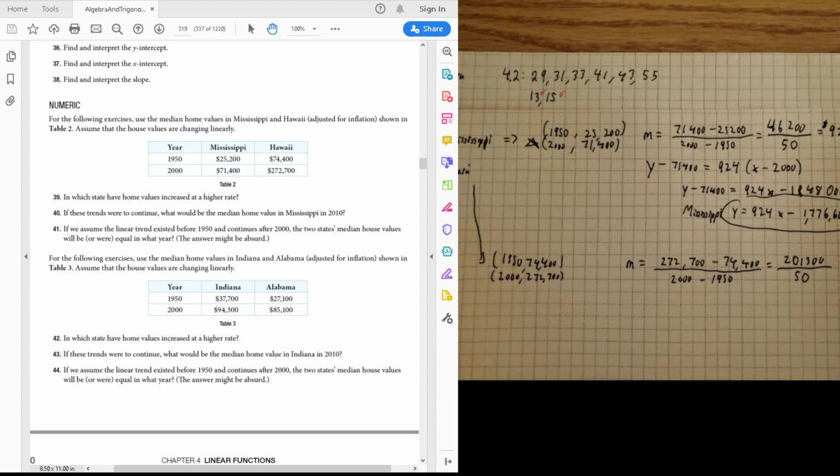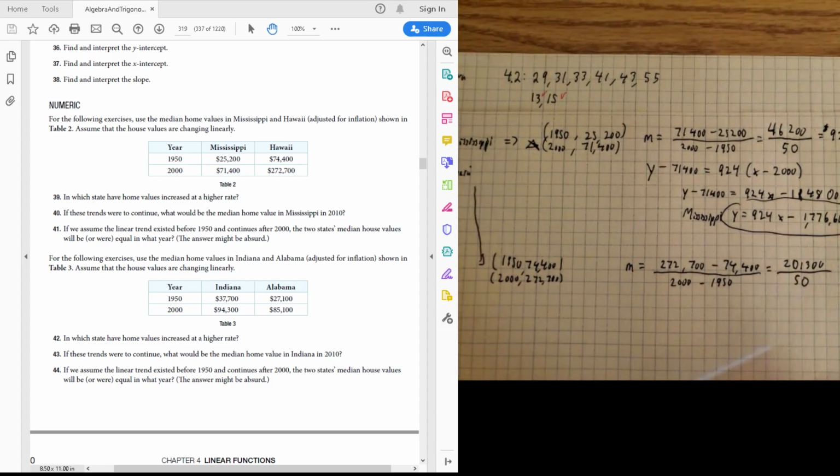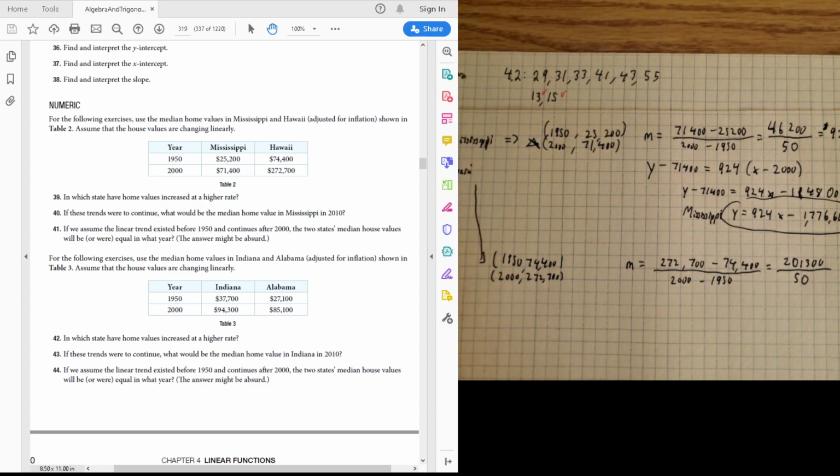Make sure I didn't make any mistakes. There was a mistake made. This should be 744. Okay, let me do that again. 272,700 minus 74400.